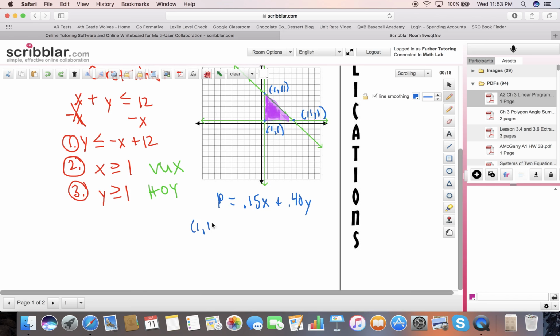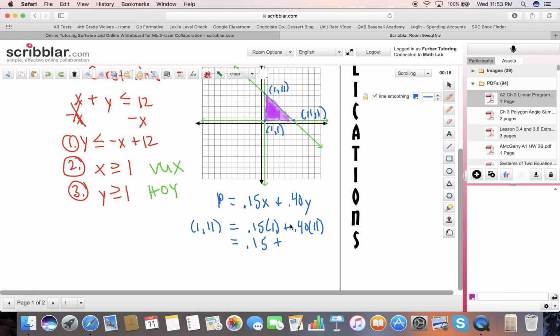So if I do 1, 11, I'm going to plug in a 1 for the x and an 11 for the y. And of course you can use a calculator for these if you need to. Okay, so if I'm going to plug in for the 1, 11, I'm going to do 0.15 times 1, which is just 0.15.